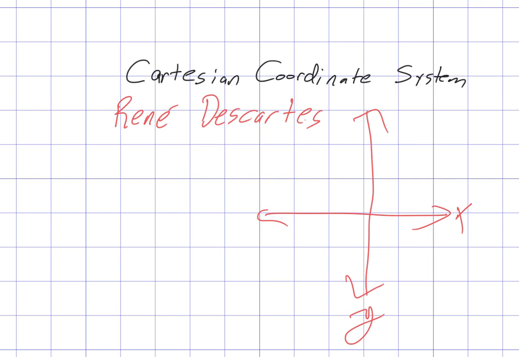It's a way of mapping points on a graph. We have some specific things and names that we give this. We talk about this as being quadrant 1, this is quadrant 2, this is quadrant 3, and this is quadrant 4. We say that these values on the x-axis are positive to the right of the central point.